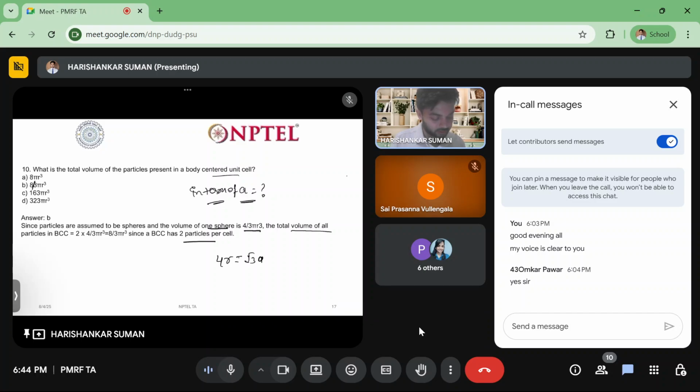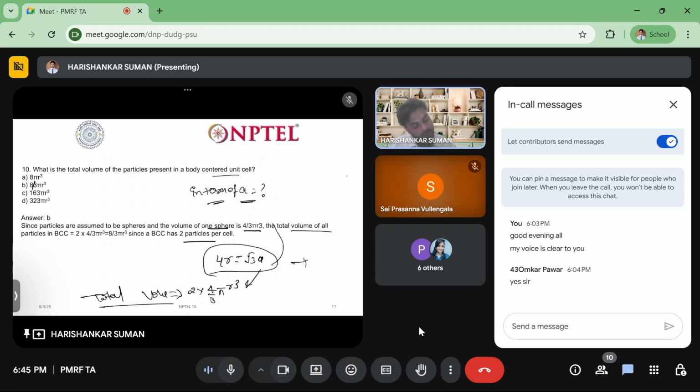Use this relation and put the value in 2 into total volume. Use the first and second relations and find the volume. The question will ask like that.